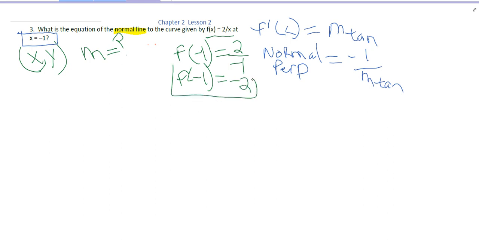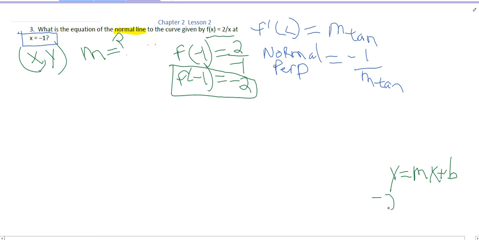Okay, so there we have our x and y coordinate, and we'll just put that over here in the corner. So we know we're going to put it into the form y equals mx plus b, and we have our y value is -2. Still trying to find the slope, and we have an x value of -1, and that will allow us to find our y-intercept once we find the slope.